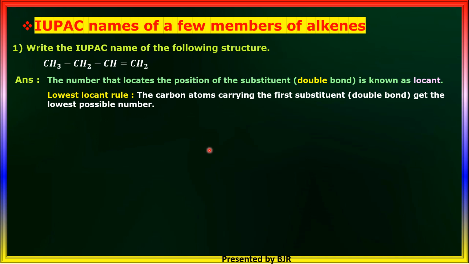That means wherever the double bond is there, at which carbon atom double bond is there, we have to give the lowest number to that carbon atom while numbering the chain. So here you can see this is the given structure, CH3 bond CH2 bond CH2 double bond CH2. So here we can number carbon atoms in this chain either from left to right or from right to left.